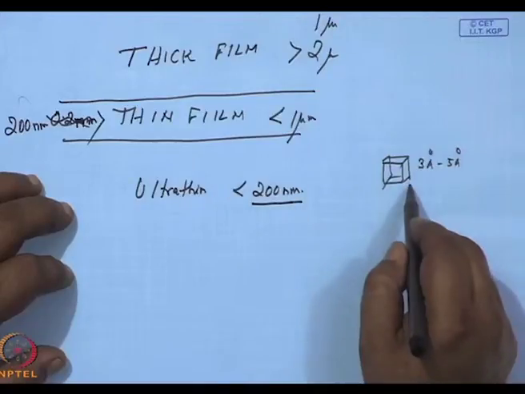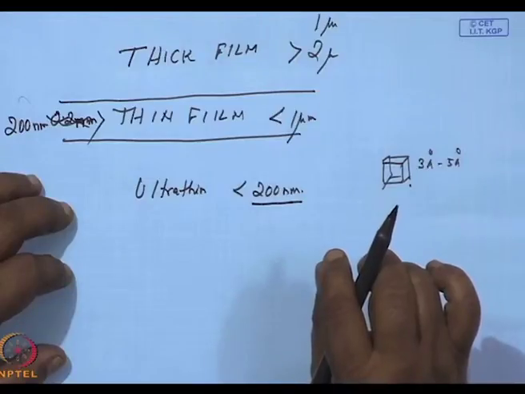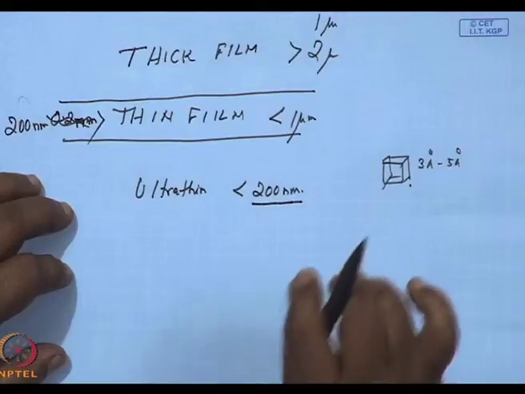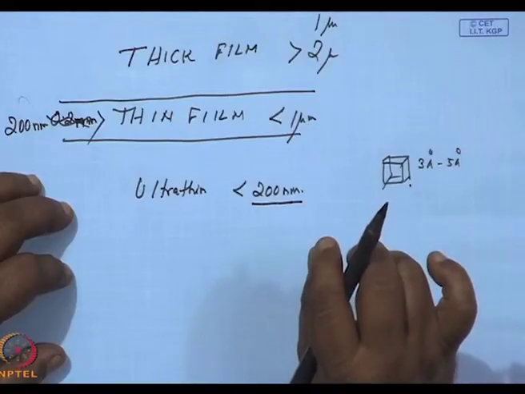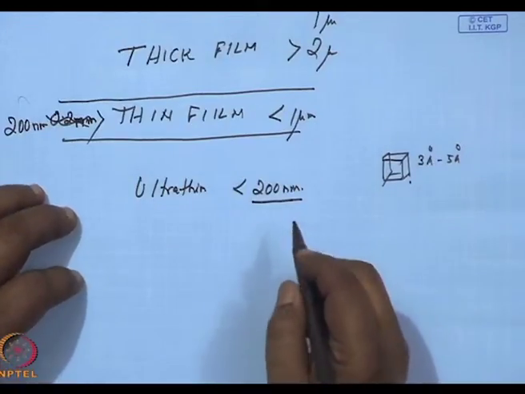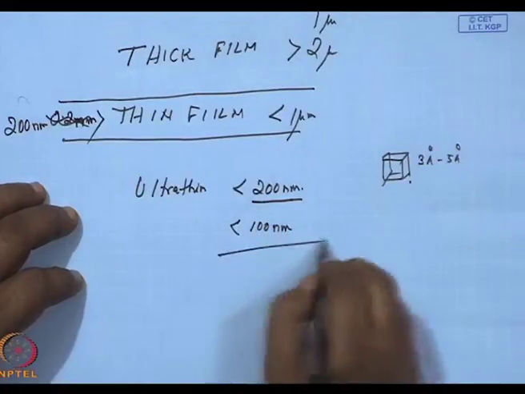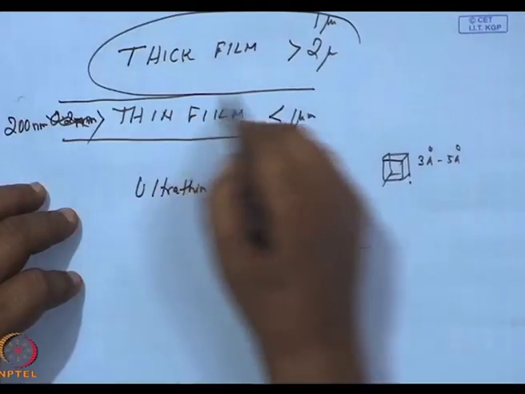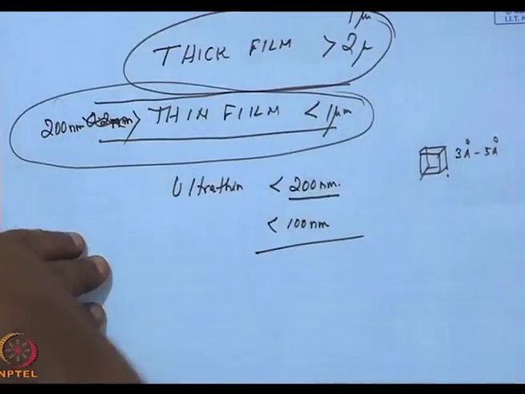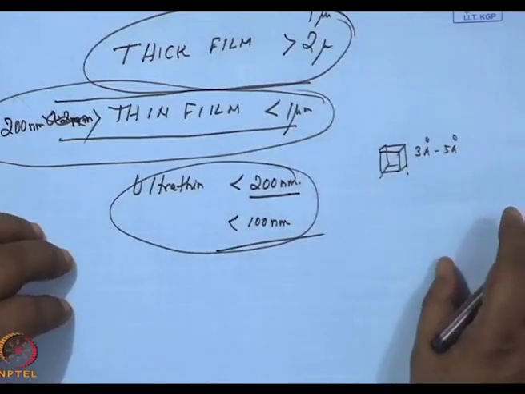You divide this by the lattice size and you get it. And hence you know what is ultra thin, how many unit cells under ideal conditions, if we pack, they can stay together. In some cases, ultra thin is anything below 100 nanometers also. So, let us say this is thick film, anything greater than 1 micron. Thin film is in this range, and ultra thin depending on where you are.